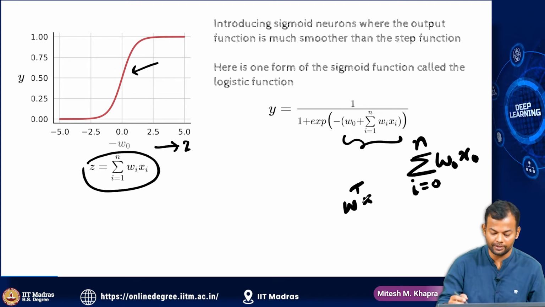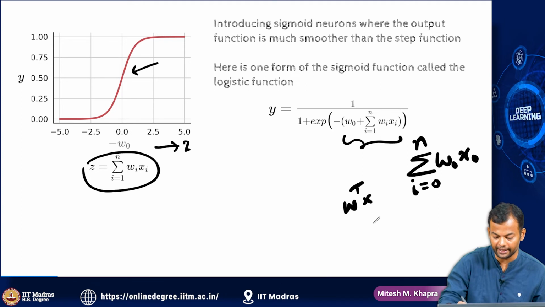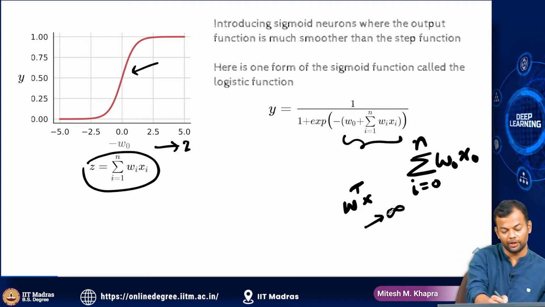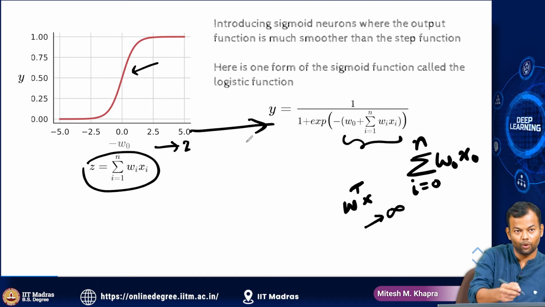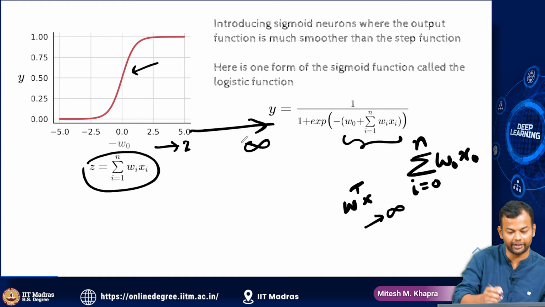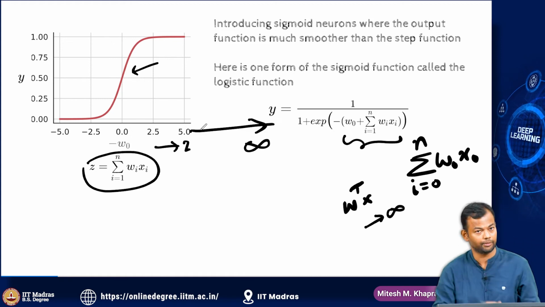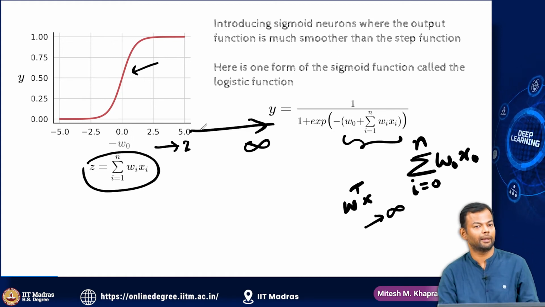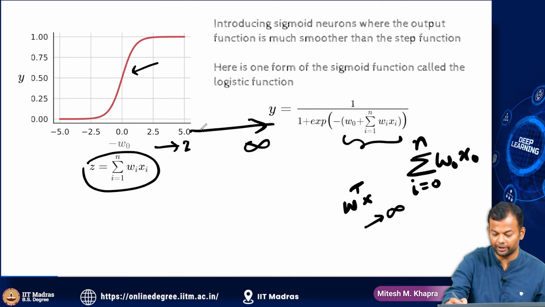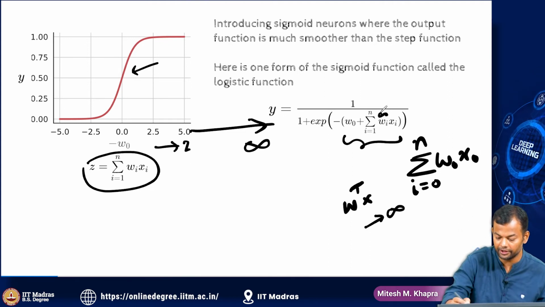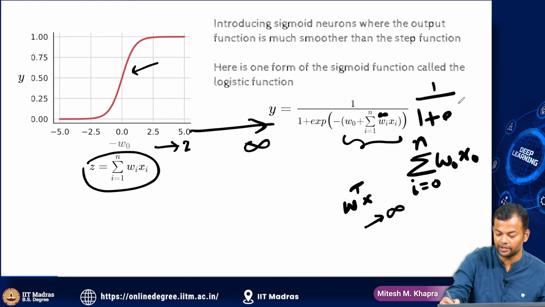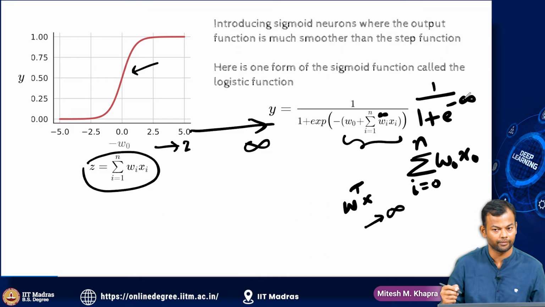So what happens when w transpose x tends to infinity? Okay, so as I go along this axis, this is where w transpose x will start tending to infinity, right? Because z is what I've defined as w transpose x, right? So what would happen as it goes towards infinity? If I substitute the value infinity here, right? So it is 1 over 1 plus e raised to minus infinity, right?